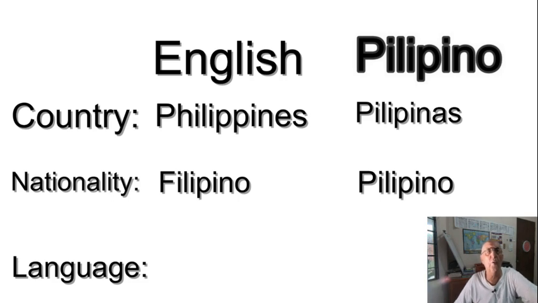So you may have heard Pilipina. Well, if we're talking about nationality, what country they're from, it would be Filipino. My wife is Filipino. And even in the Filipino language, you'd say, Pilipino asawa ko.